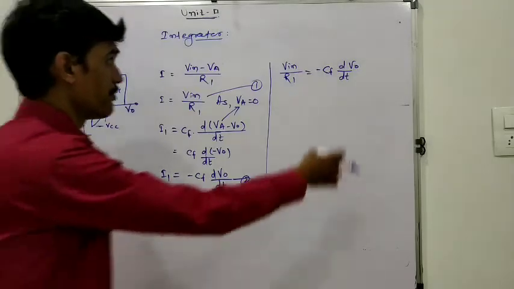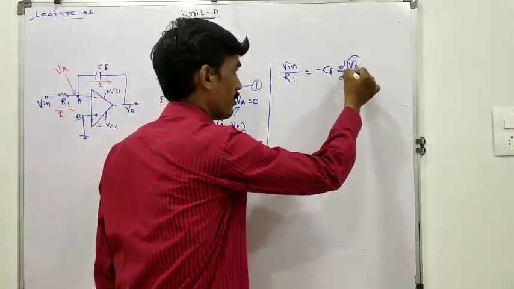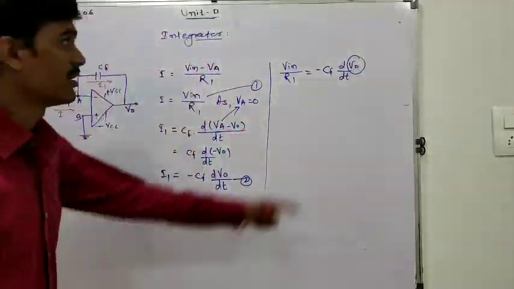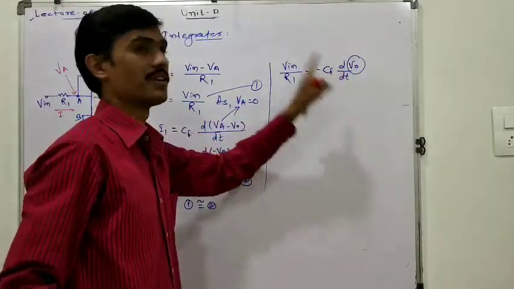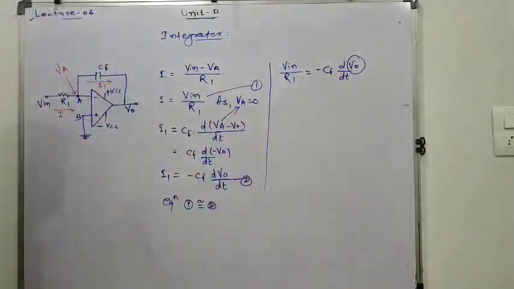Now the ultimate target of this equation is to solve for VO. If we want to calculate the value of VO, we have to take this VO out of the differentiation, and to cancel the differentiation we must take integration of both sides.